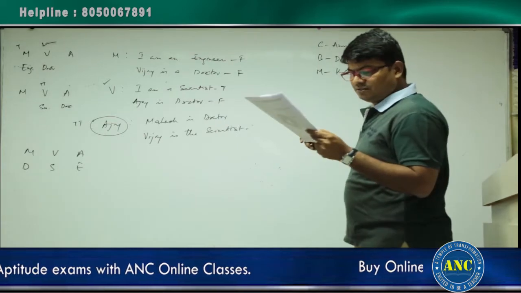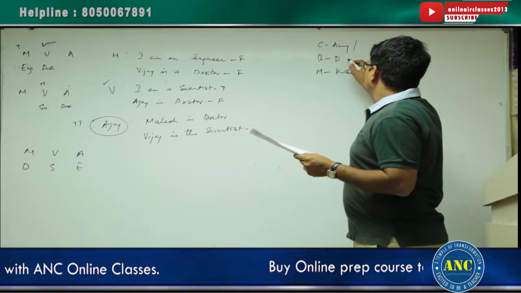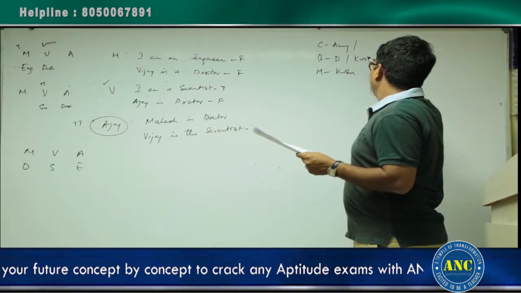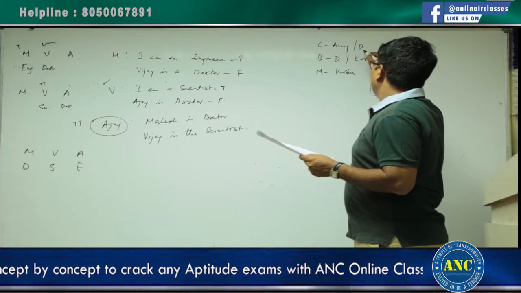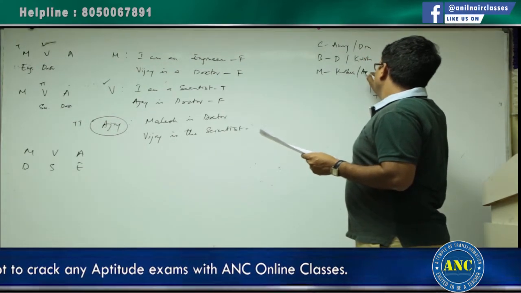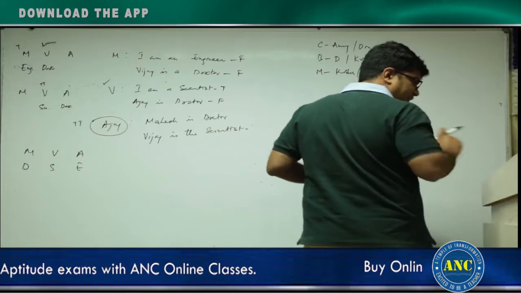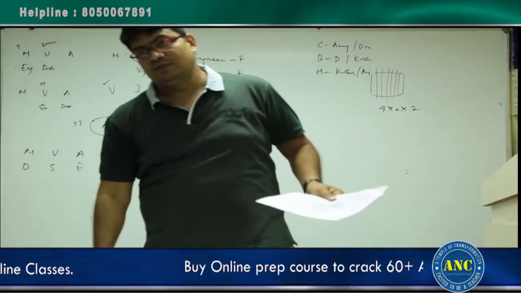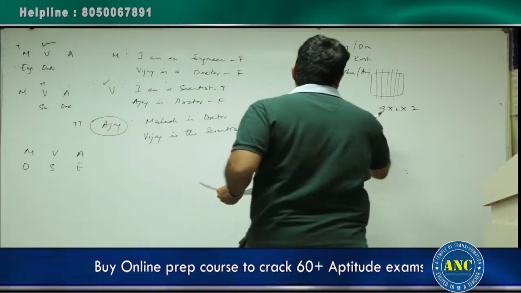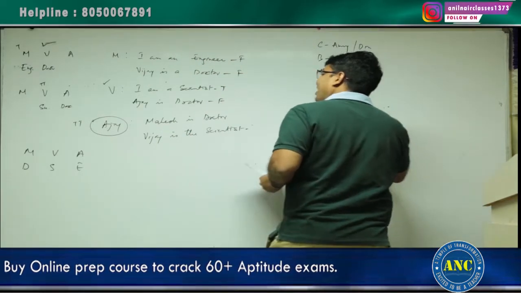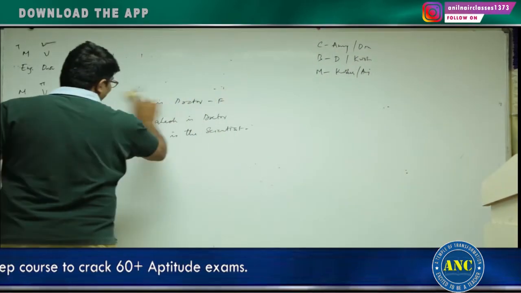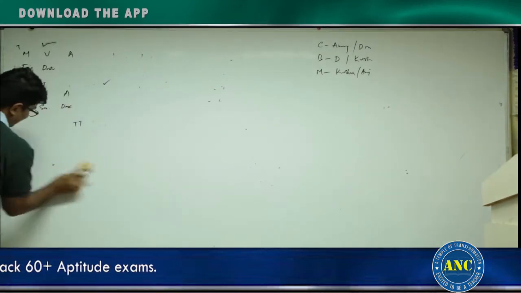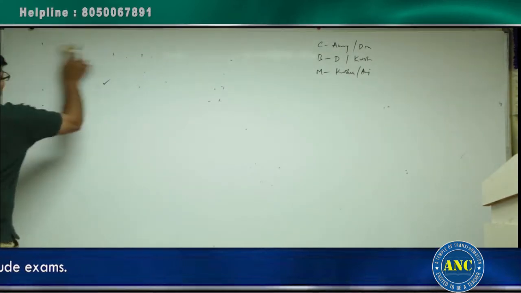Biology is Krishna, chemistry is Dinesh, maths is Anuj. So let's see who is right. You are changing it also. None of these match, right?